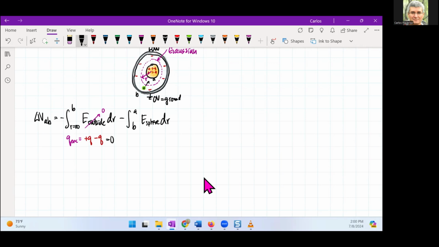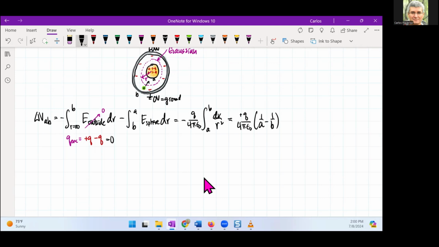So I could write minus Q over 4 pi epsilon, integrating from A to B of dr over r squared. The algebra comes out like this. We get Q over 4 pi epsilon, and then my algebra gives me this.